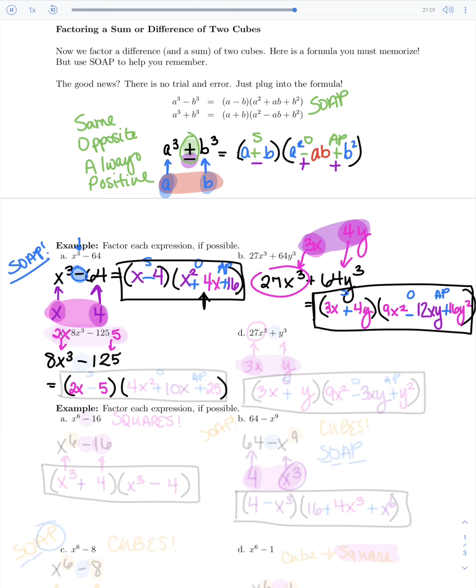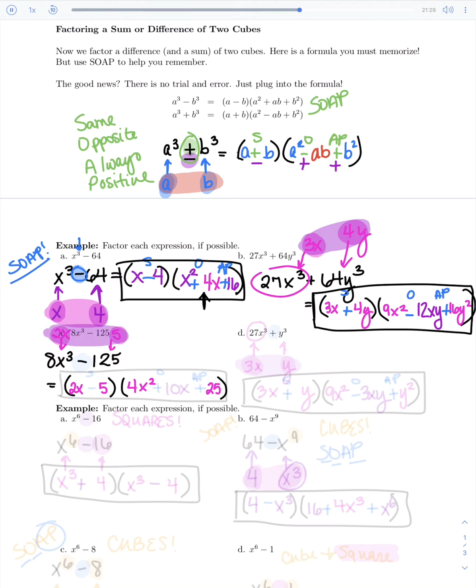Then remember, the first piece in the trinomial means go back to the first piece and square the whole thing, meaning square the 2 and the x. Well, squaring the 2 gets me a 4. Squaring the x gets me an x squared. The last piece of the trinomial tells me to square the last piece, which means square the 5. Well, 5 squared is 25. Now, last thing that I need to do is get that middle term by multiplying my 2 terms together.